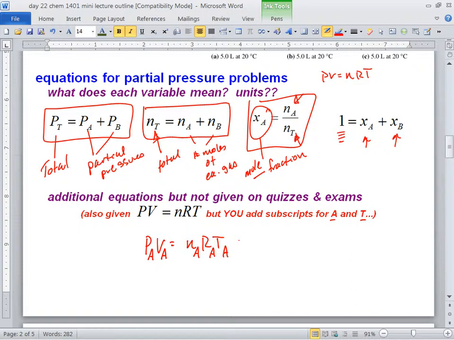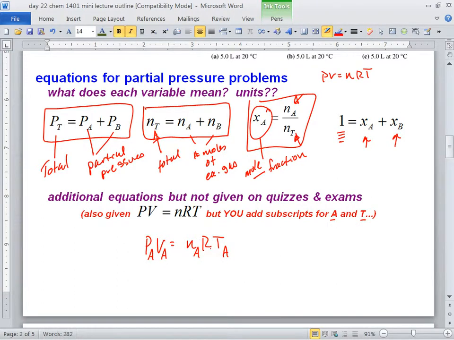So it's another way to calculate partial pressure, except it really doesn't make sense to put little gas A subscript on some of these variables, because it's the same for every gas in the container. The constant, there's one. Get rid of it there. That does not make sense.